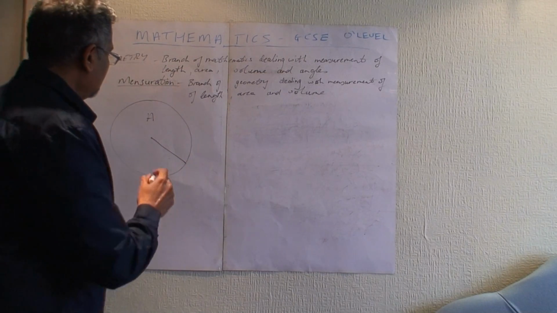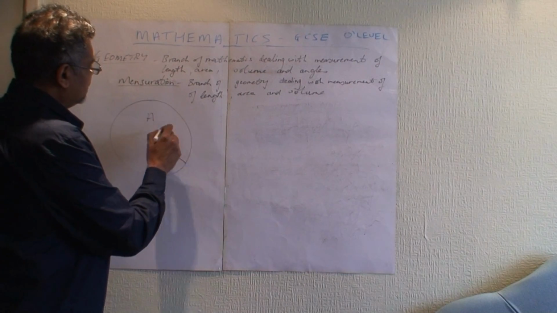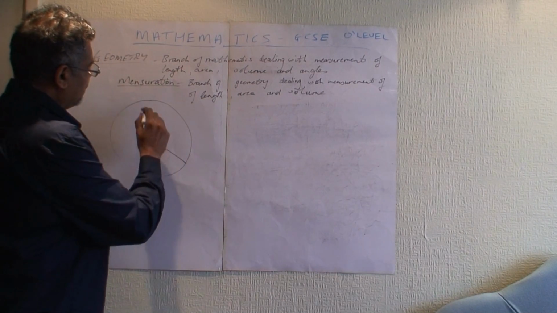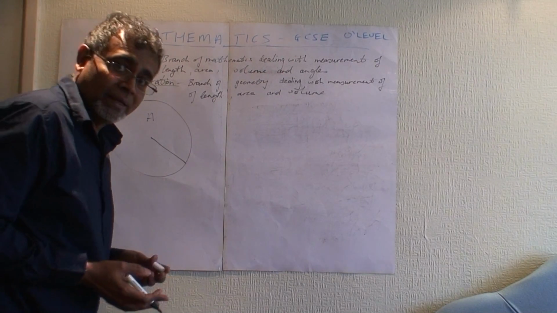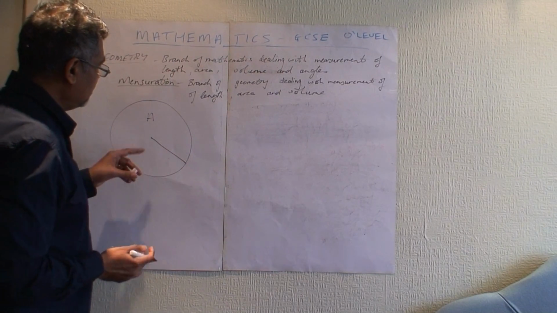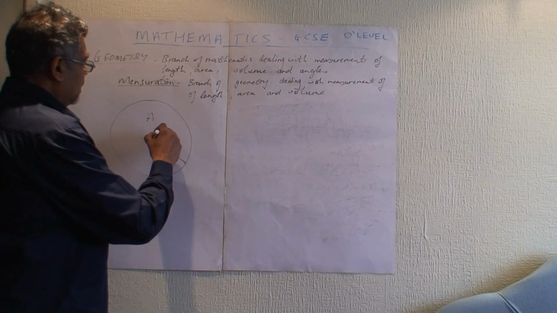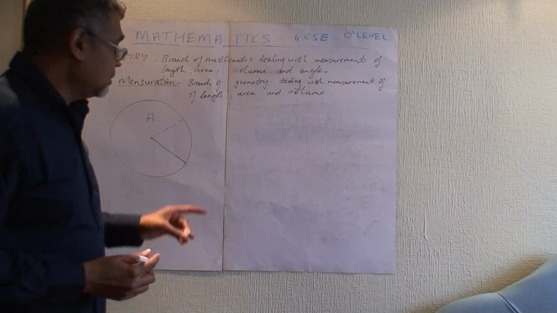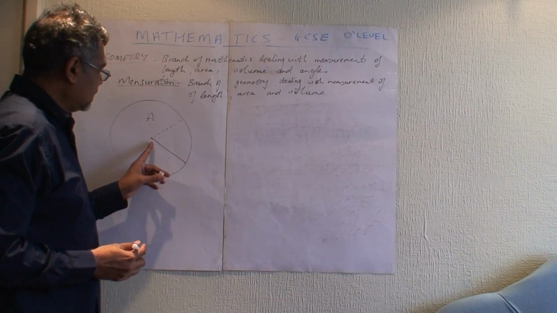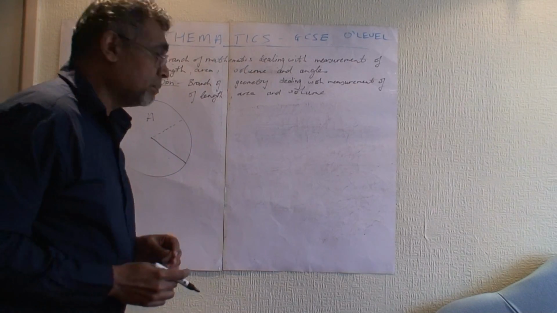Each point would be equal to the same value. The radius is the same. If we put the radius there instead, it should be equal. This length should be the same length as that length.